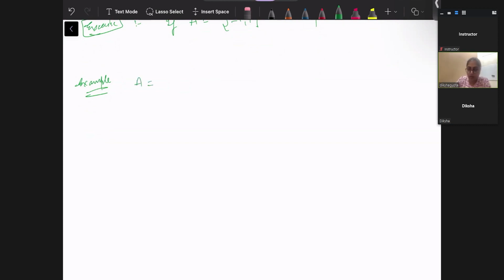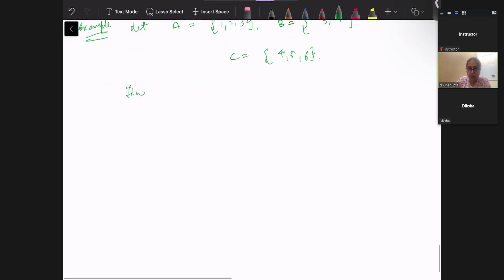So let A equal the set {1, 2, 3}, B equal the set {3, 4}, and C equal {4, 5, 6}. Then find, first, A cross (B intersection C).